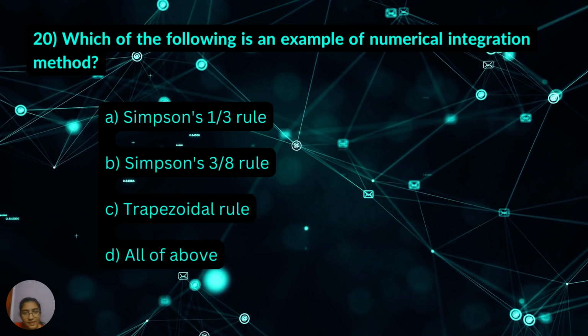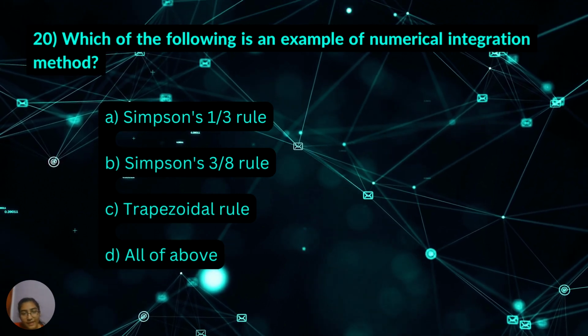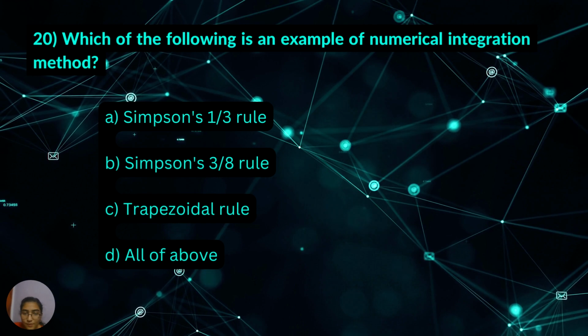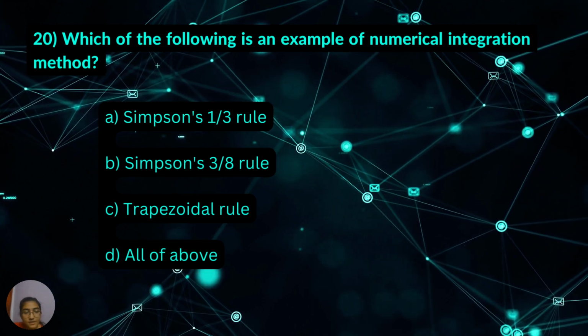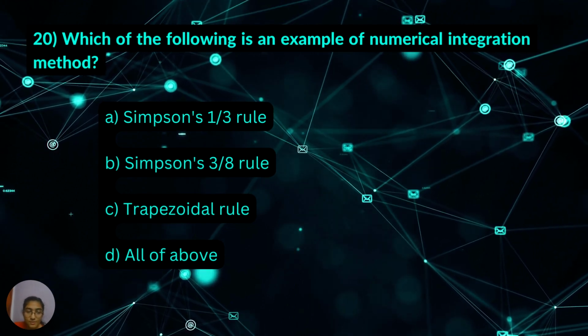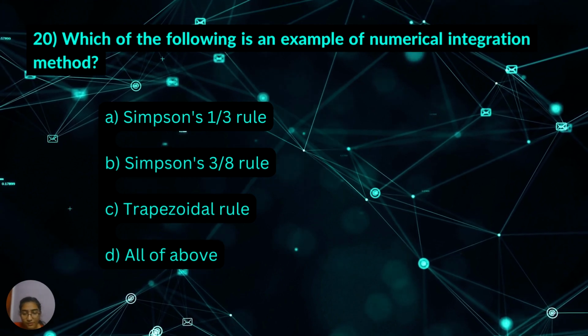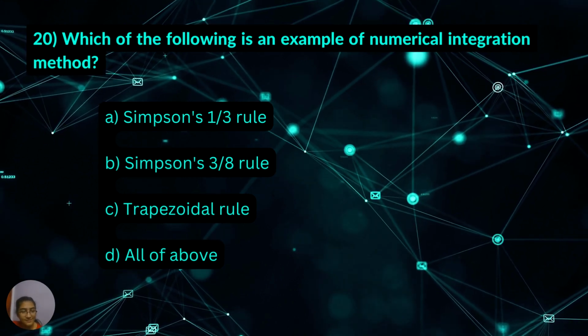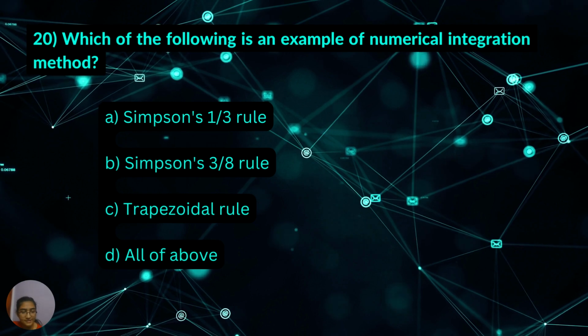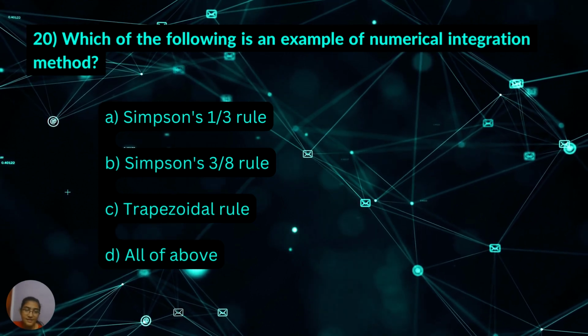Which of the following is an example of a numerical integration method? A. Simpson's 1 by 3 rule, B. Simpson's 3 by 8 rule, C. Trapezoidal rule, or D. All of the above. So, guess what? You can pause the video and guess this answer. It is so easy.